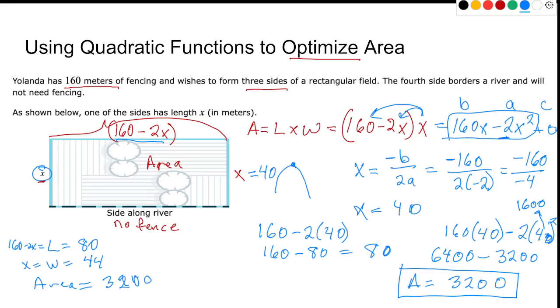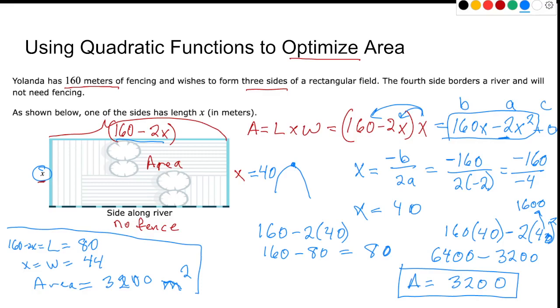And this is in meters, so the area will be in meters squared. There we go, meters squared. Notice that optimize refers back to the vertex because we want a minimum or maximum, in this case a maximum.